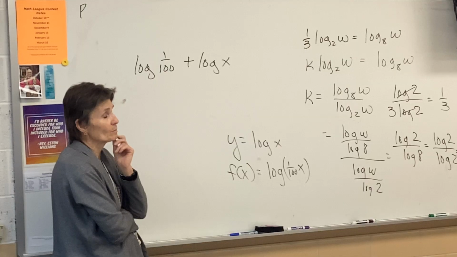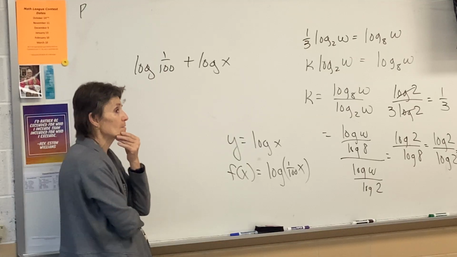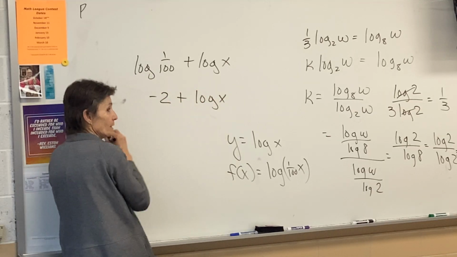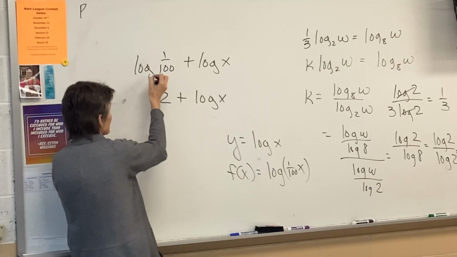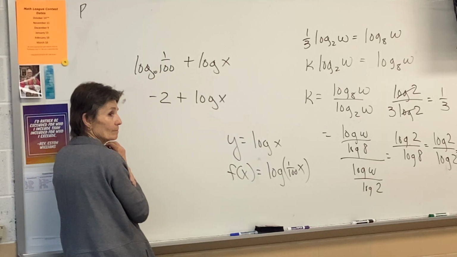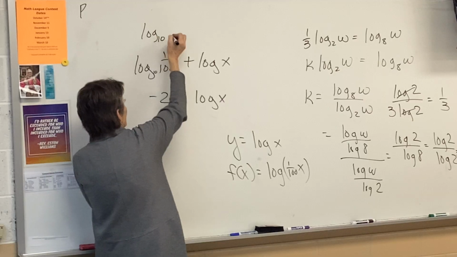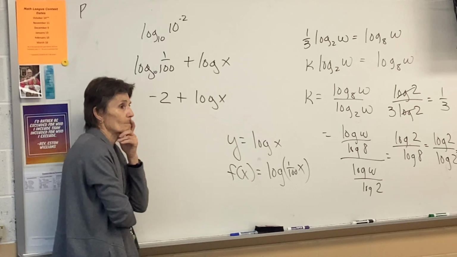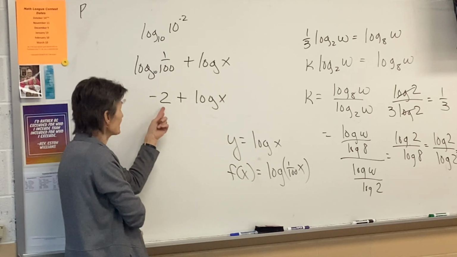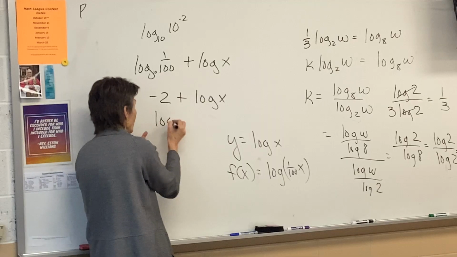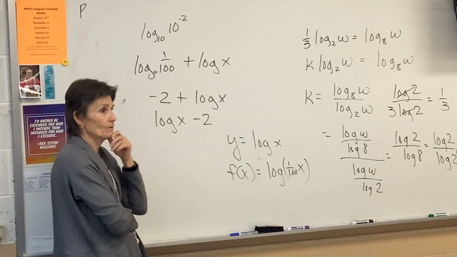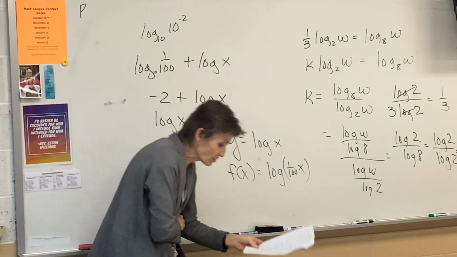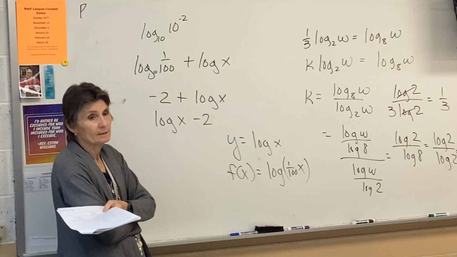So what's the log of 1/100? -2. Why is the log of 1/100 -2? Because my base is 10. So the log base 10 of 10 to the -2nd is -2. Plus a negative, so that's like log x minus 2. What does that do? Down 2. So I think your answer is C, a vertical shift down 2.